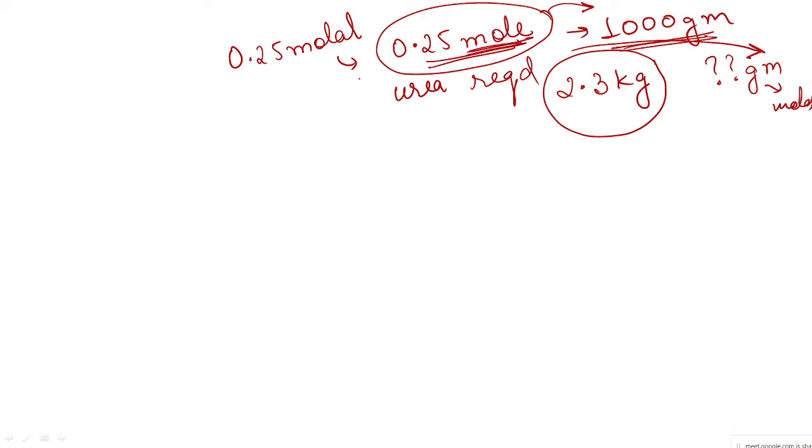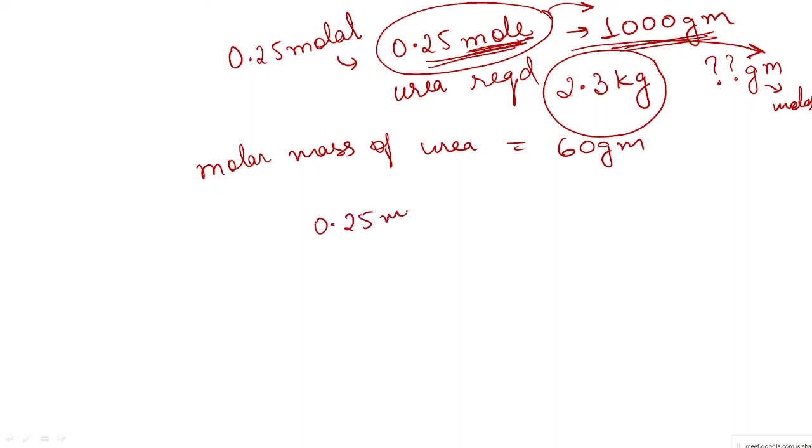To convert mole into gram, you will have to calculate the molecular mass of urea, that is molar mass of urea. Using the values we have got 60 gram. So 1 mole has 60 gram, then in 0.25 mole how many gram will there be? 0.25 into 60 gram, that is you will get 15 gram.